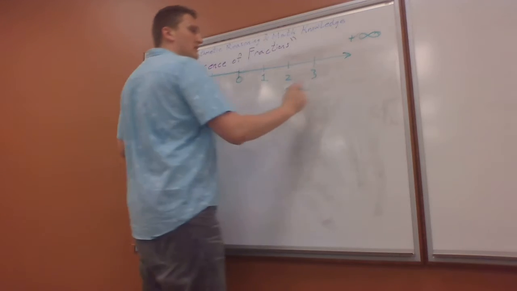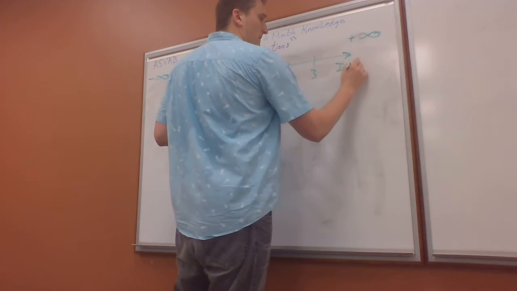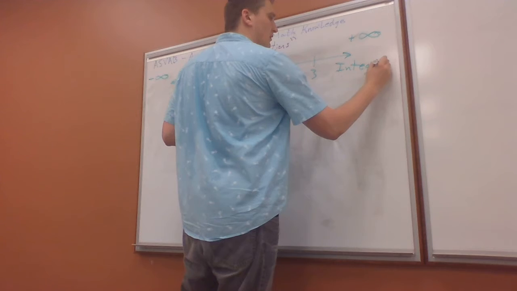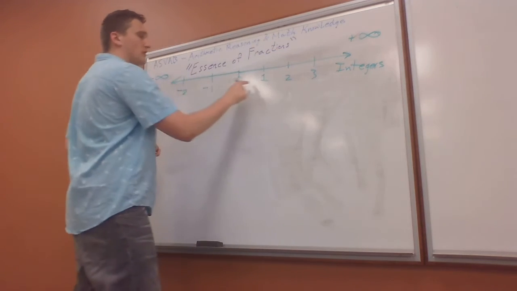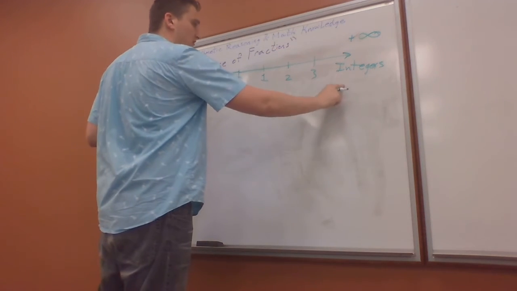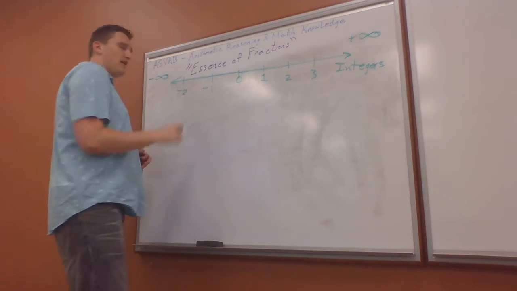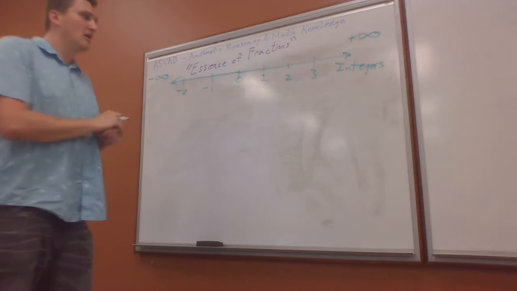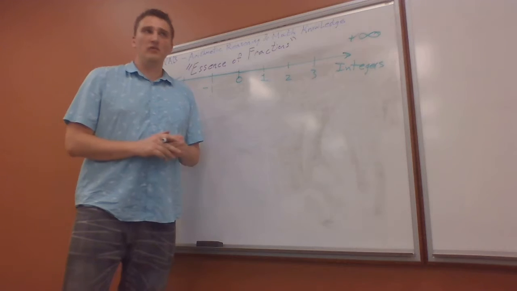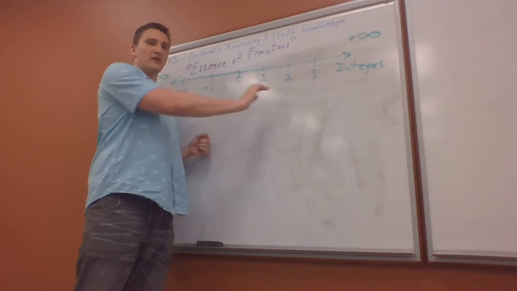So these are the integers. Those include all the positive whole numbers, including 0, and all the negative whole numbers. But the term whole numbers only refers to 0 and greater.